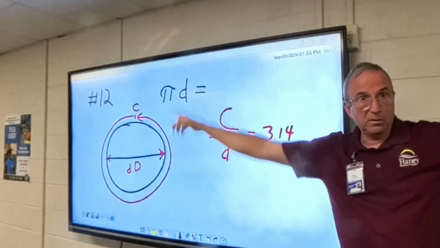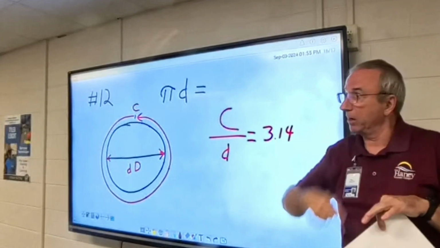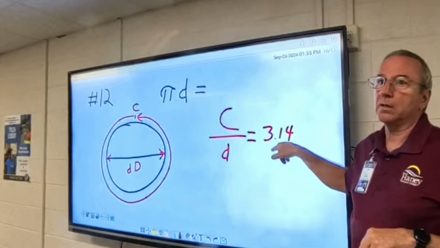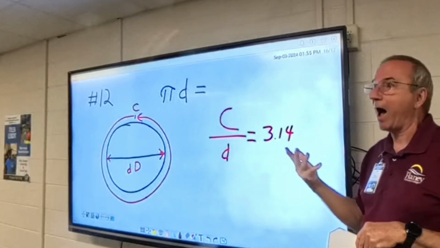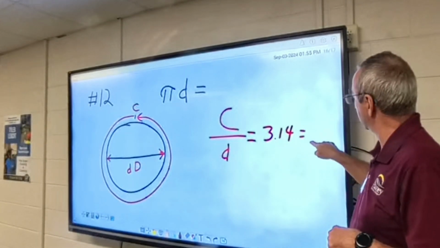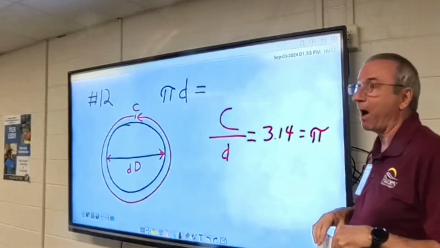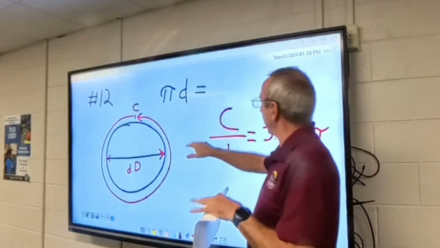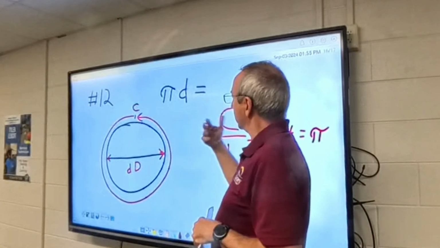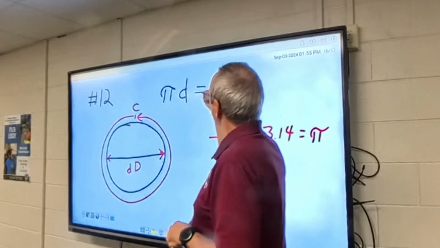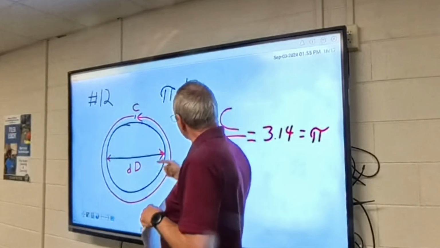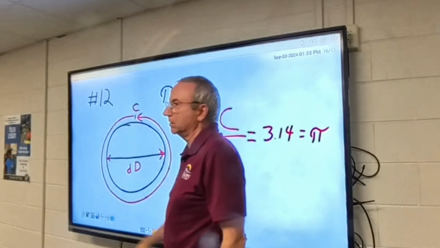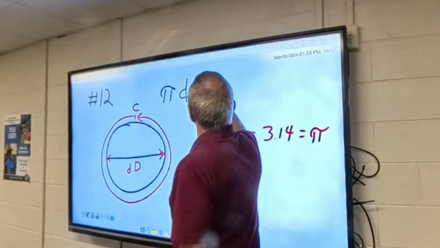If you took the earth, measured around it, measured across it, divided the one by the other, you'd get the same number. So pi is what that is. We designate that number as pi. So what you have to know about a circle is that relationship. So pi, this magical number, times the diameter is going to equal what? Circumference.